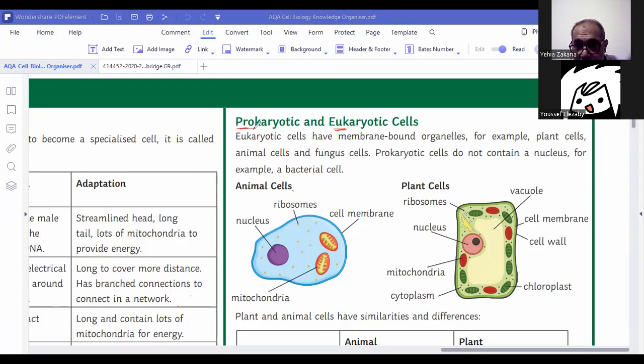The prefix pro means no nucleus in this cell. Eukaryotic cell means there is a nucleus, or cells which have a nucleus. Good.